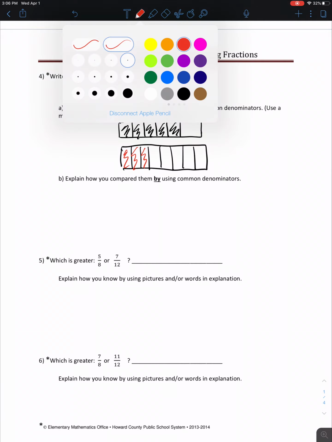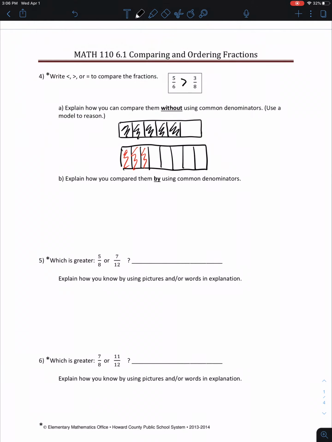So last, they want us to compare these using common denominators. The first thing we'd have to do is find a common denominator between 6 and 8. Worst case scenario, if you're not very good at finding common denominators, you can always just multiply 6 times 8 together and make that the common denominator.